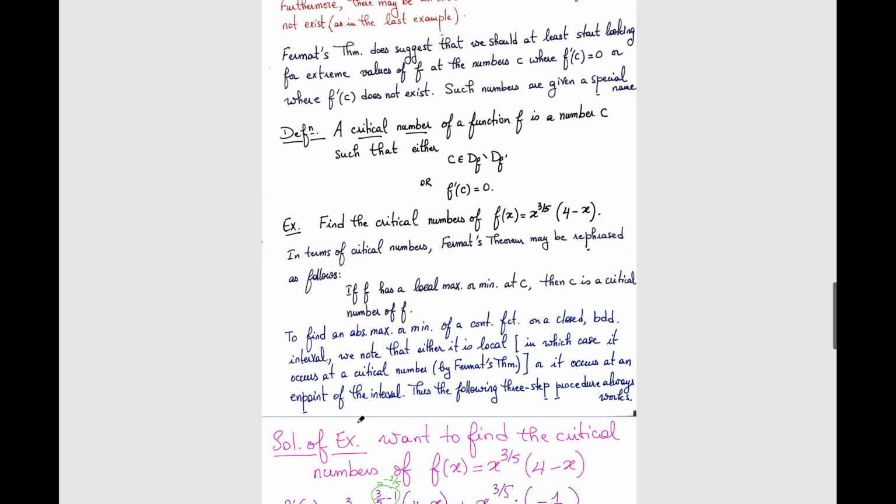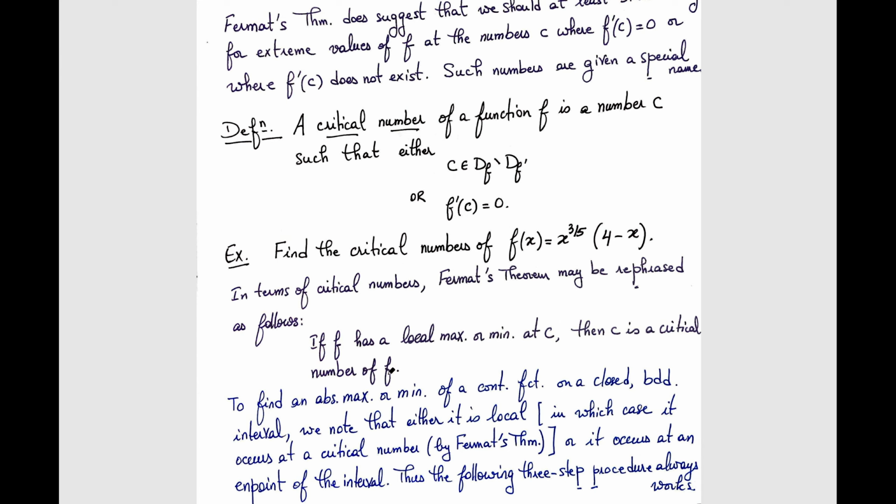All right. So these absolute maximum and absolute minimum, either they are local, and if they are local, they should be, by Fermat's theorem, critical numbers, right? In which case they occur at the critical number by Fermat's theorem, or they occur at the endpoints of the interval. Correct? So if they are absolute maximum and absolute minimum, either they are local, and hence they have to be critical numbers by Fermat's theorem, or they occur at the endpoints of the interval, at A and B, right?